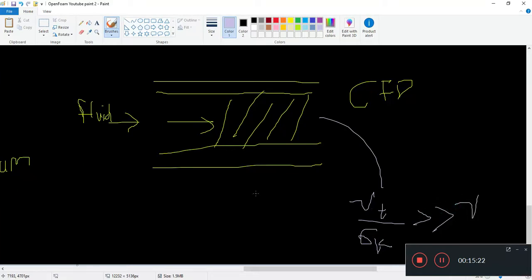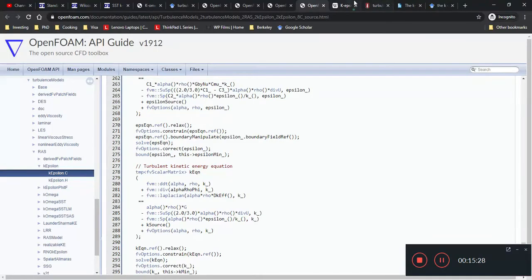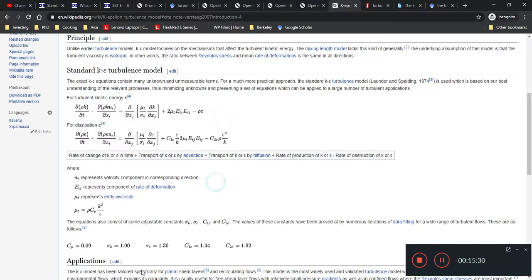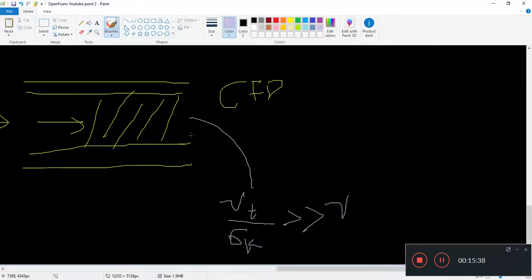So that equation for k epsilon, the Wikipedia or truncated version where we take this term out, is pretty accurate when it comes to this bulk flow region.